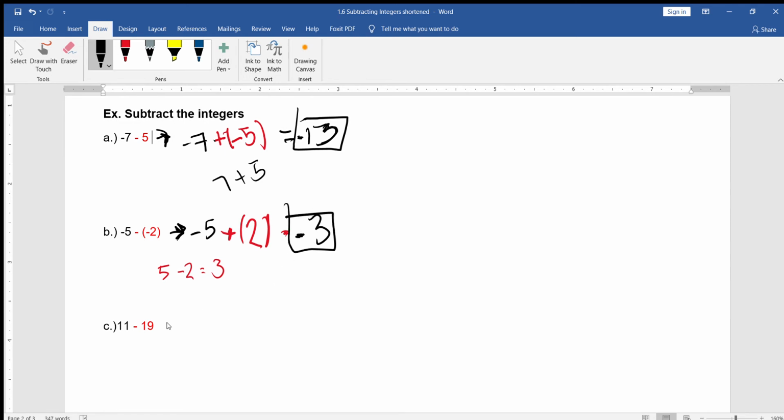Now let's do C. This will give us 11 plus -19.